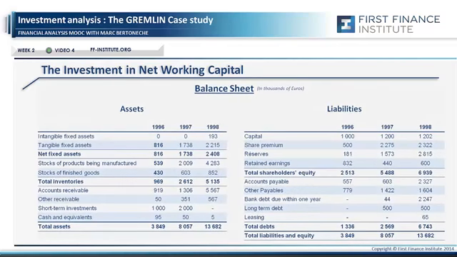Let's turn now to the investment in net working capital. As you see, on the asset side, we have inventory of work in process of 539. In fact, 539,000, because as you know, all the figures in the case are in thousands of euros. An inventory of finished goods of 430, which leads to a total inventory of 969.